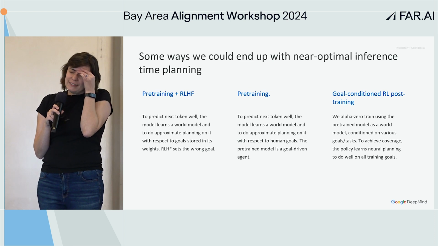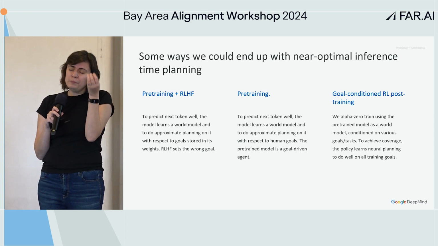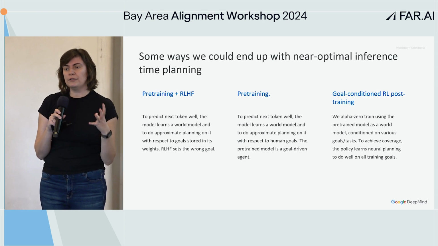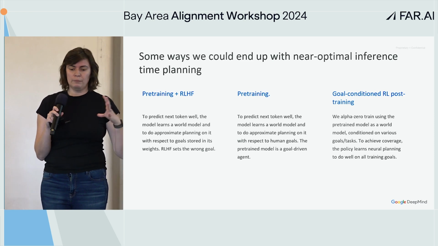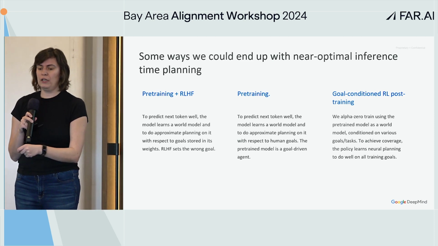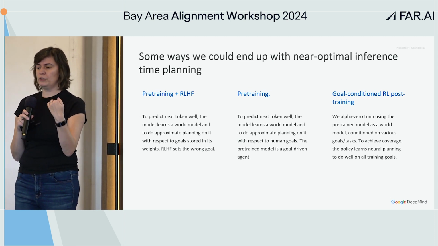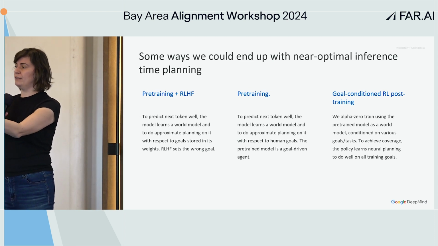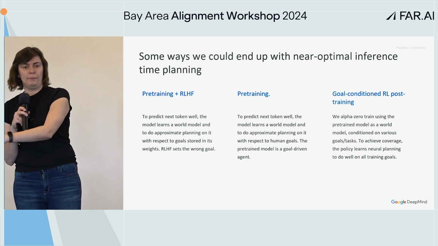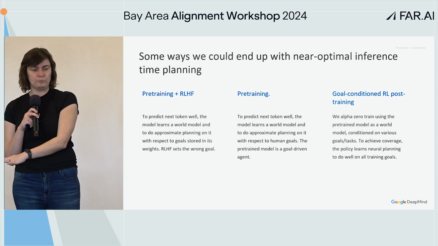One particular way this can happen, just to illustrate, again, not the only way: imagine the model looks at things that have happened, and in order to predict the next action, it has a notion of what the goal of that person might be, and it does planning with a world model on that goal, and predicts the next action.